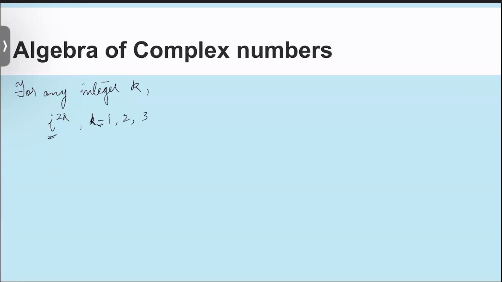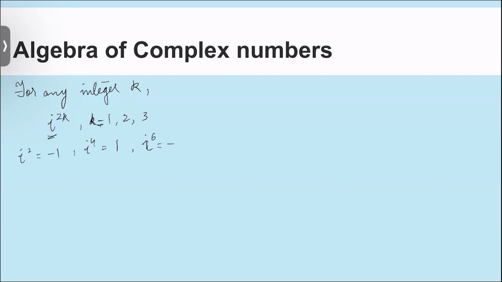Okay, so let's try for these. So i squared again is -1. So i to the 4, 2 into 2, as we just saw before, is 1 again. And i to the 6, 2 into 3, is also -1.